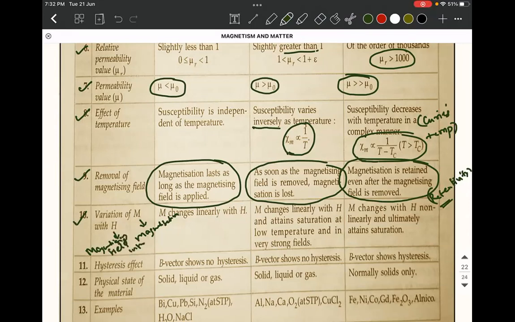M changes linearly with H, in the sense that if M is taken here and H is taken here, M changes linearly with H. In the case of a paramagnetic substance, M will change linearly with H and will attain a saturation point at a very low temperature and very strong magnetic field. Whereas in the case of a ferromagnetic substance, M and H will vary like this.